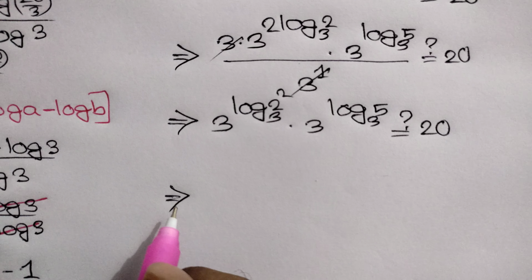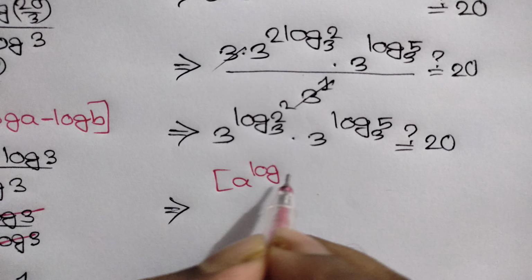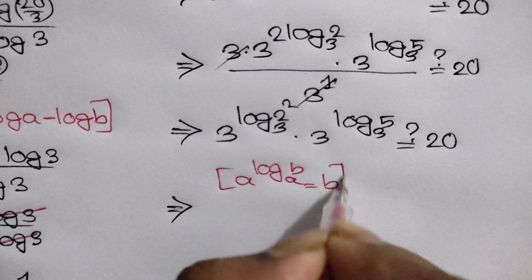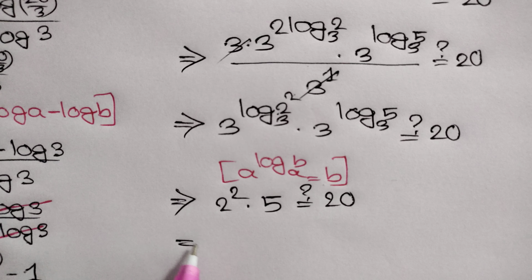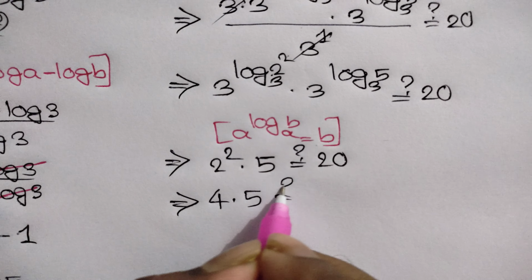Or again we know that a to the power log of b base a is equal to b. Now apply this formula. Here we will get 2 square times 5, is it equal to 20? Or 2 square, that means 4 times 5, is it equal to 20?